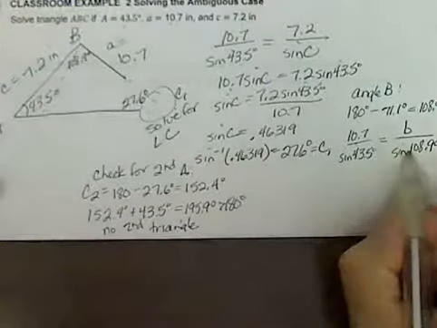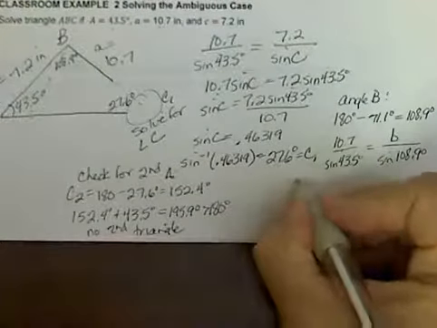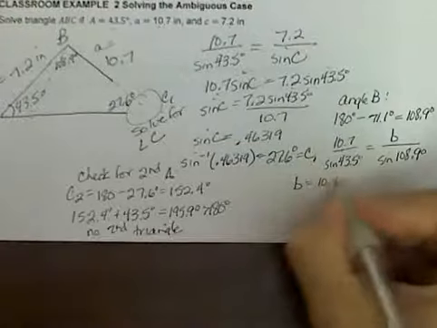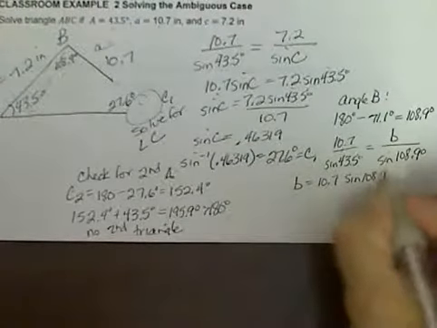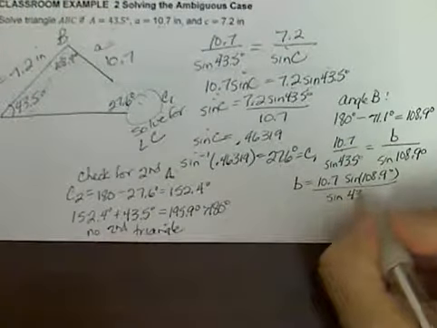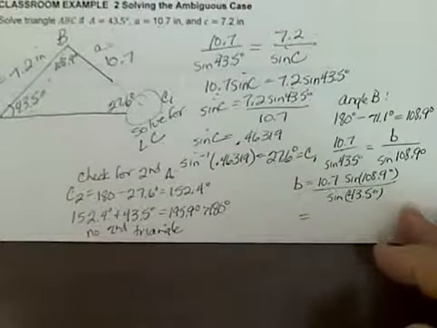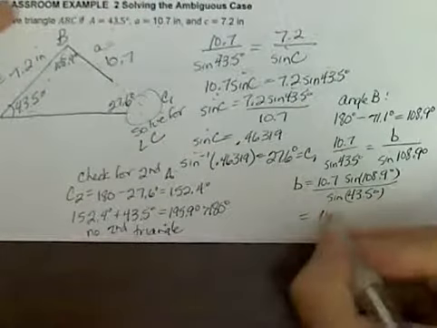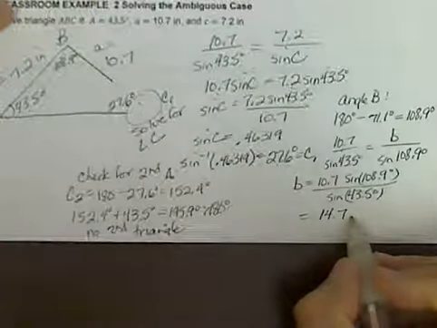All I have to do to solve this for B is multiply both sides by the sine of 108.9. When I do that, if I round to one decimal place, I get 14.7. That means my side B would be 14.7 inches.